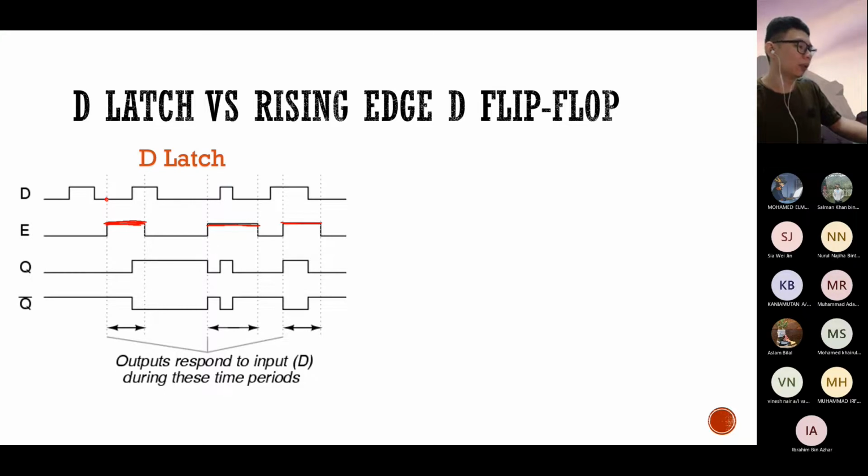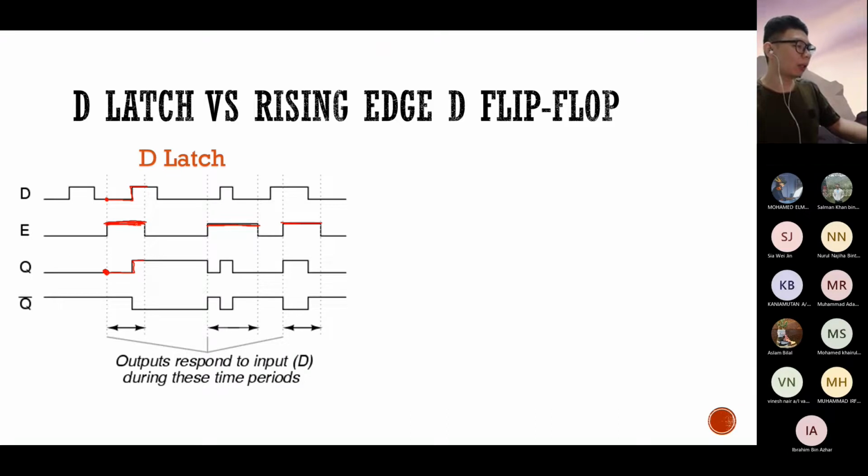The value of D is 0, so the output is going to reflect the same value as D, which is also 0. Then in the duration where the latch is on, you decide to change this value to 1, and what happens at the output? The output will change, because a D latch is just mirroring the input. Whatever the input is, it is going to reflect at the output. So that is D latch.